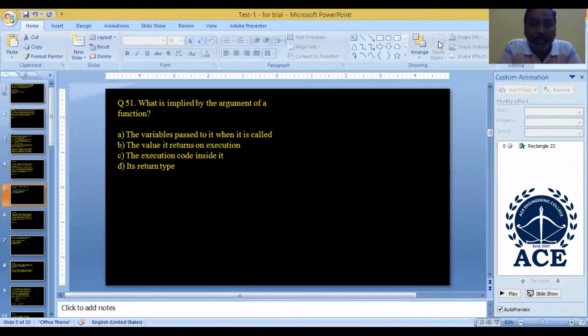Question number 51. What is implied by the argument of a function? So the keyword in this question is imply. That means argument means something in its function. So what is that something? Is the question. Now, as all of you know, when a function is written, some variables are given to it for execution.